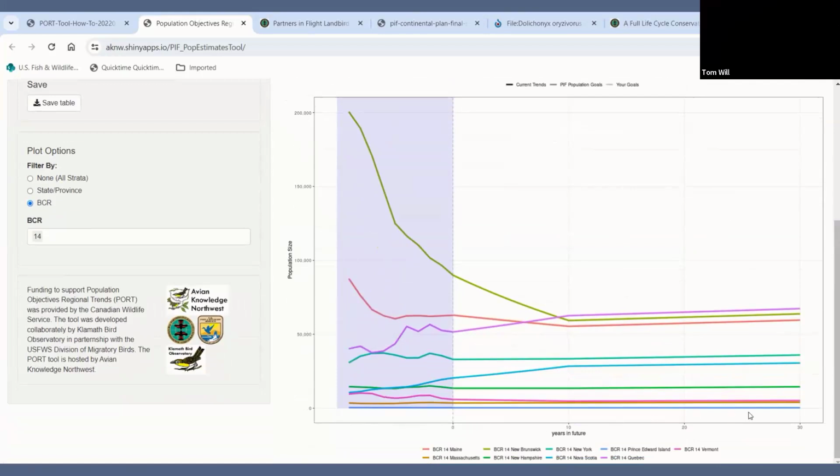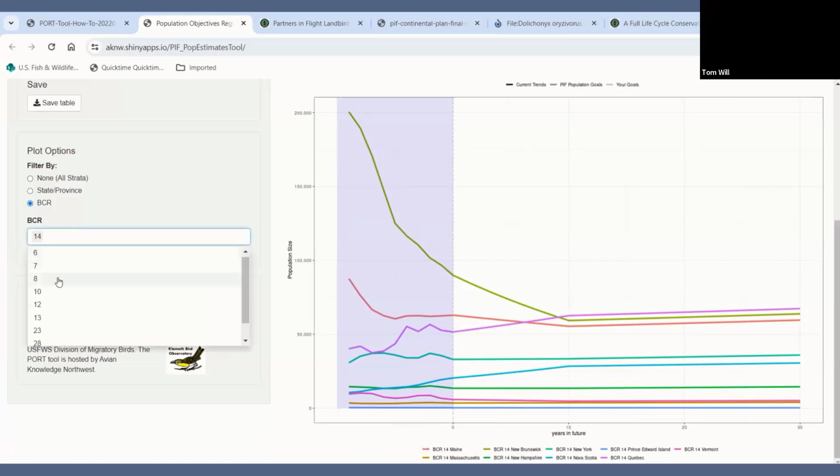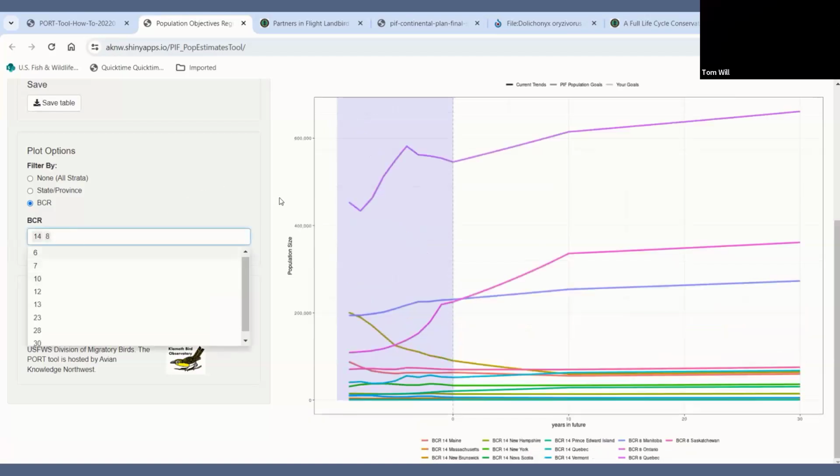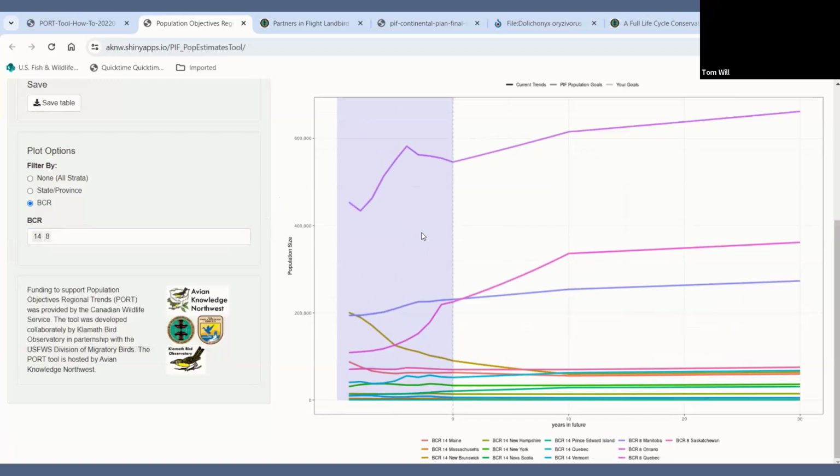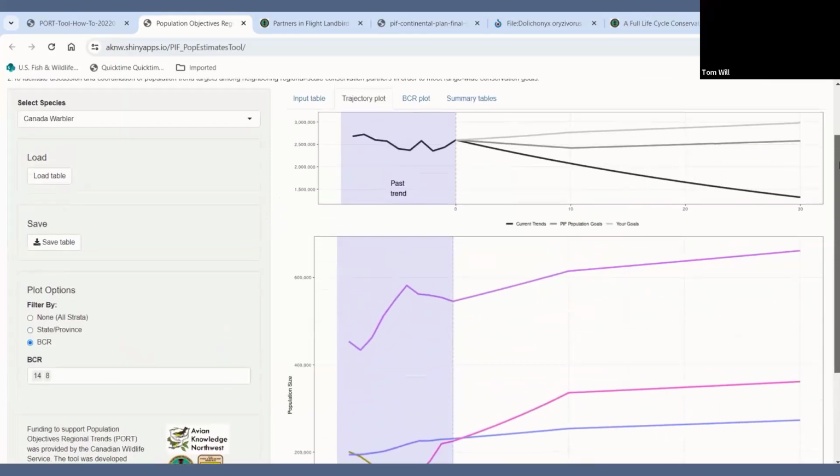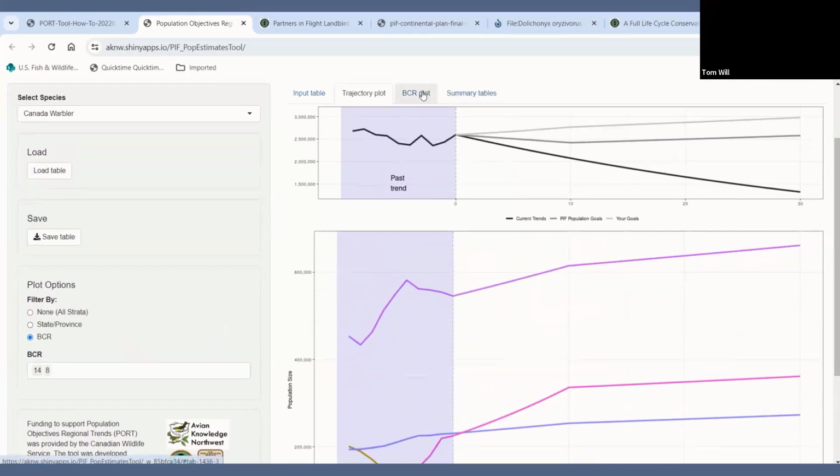So you can see both the estimated population size in those geographies, and what this looks like into the future based on, again, the user-defined trajectories if you want to change them from what the Partners in Flight trends are. So these are projecting what the Partners in Flight goals would look like over time for these different state by BCR province trajectories.